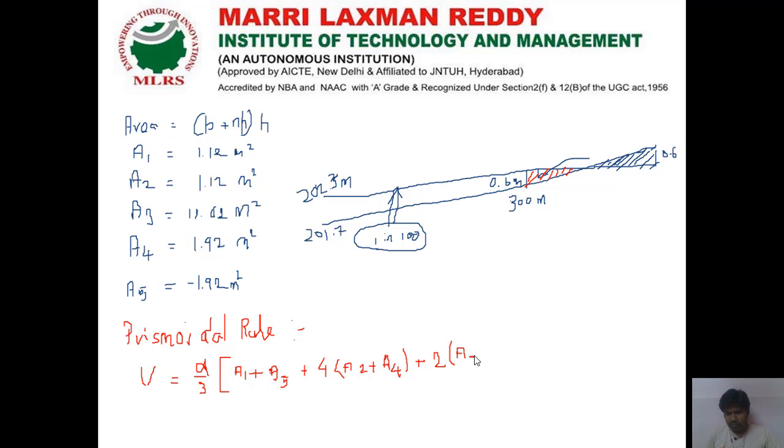If I substitute the values of areas, then we can get the volume. Our common distance D equal to 100 meter, D by 3 into A1, that is 1.12, and A5 minus 1.92, since I am going to take net volume.